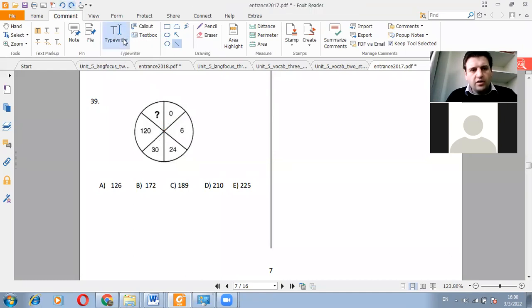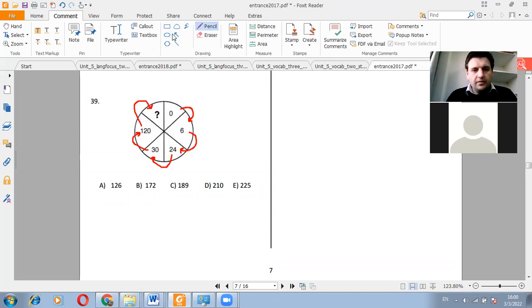We'll just focus on how they increase each time. So from 0 to 6, then from 6 to 24, from 24 to 30, from 30 to 120, and then in what order we get the question mark by using 120.